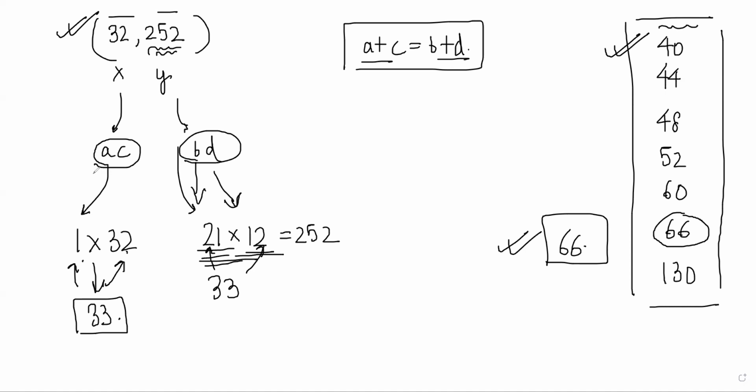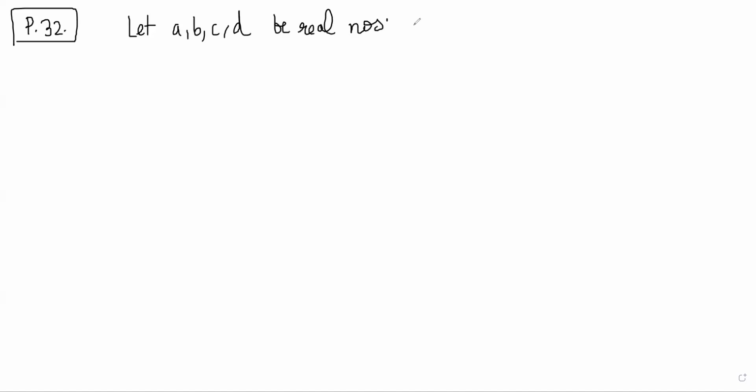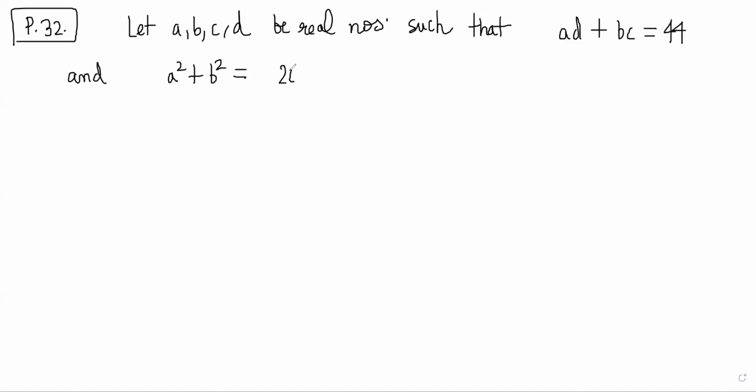Yes, sir. Okay, so we'll go on to the next problem, problem 32. This question says, let A, B, C, D be real numbers such that AD plus BC is equal to 44 and A square plus B square is equal to 2017 divided by C square plus D square.